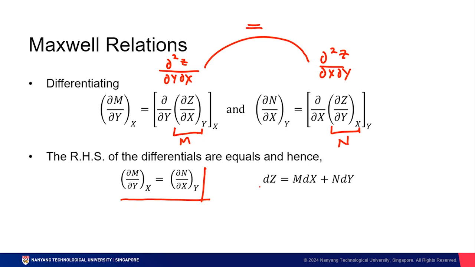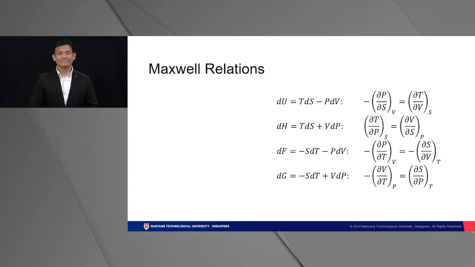Therefore, any kind of state function represented this way can be applied in a partial differential manner. So using that heuristic, Maxwell came up with his 4 Maxwell relations.